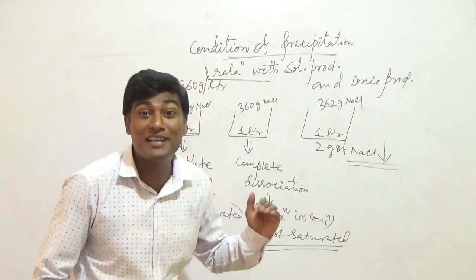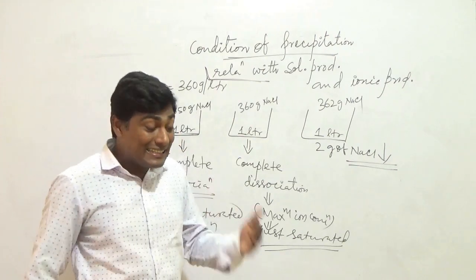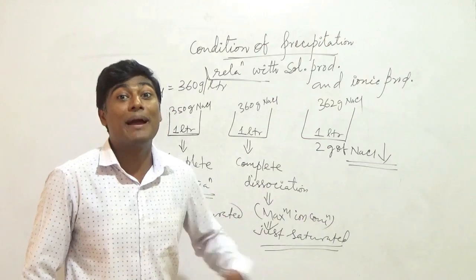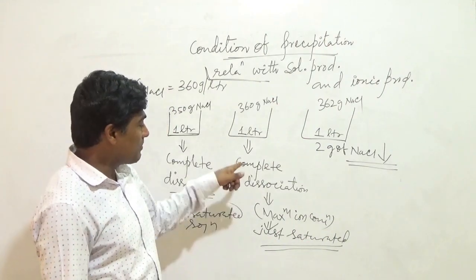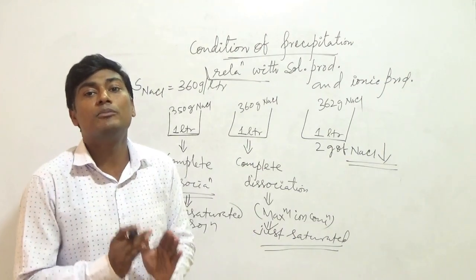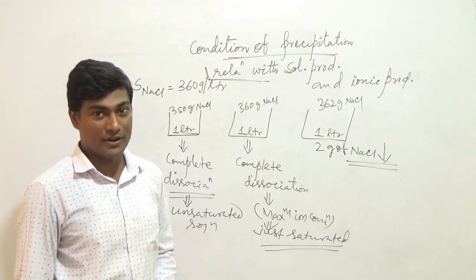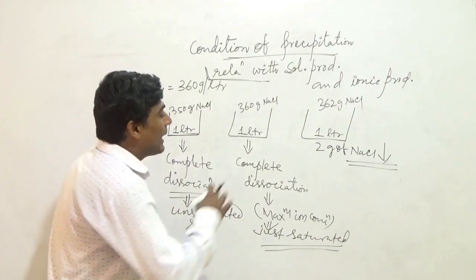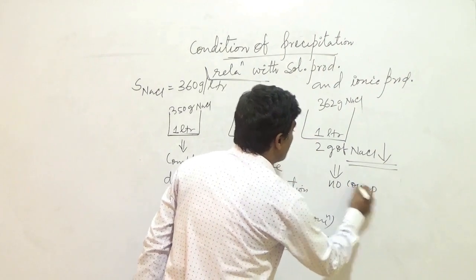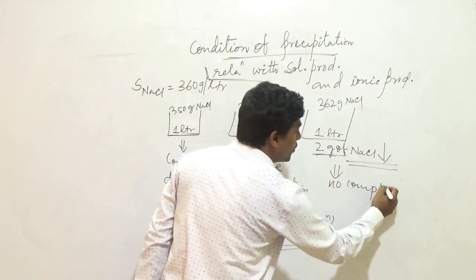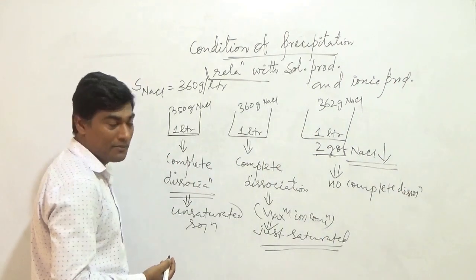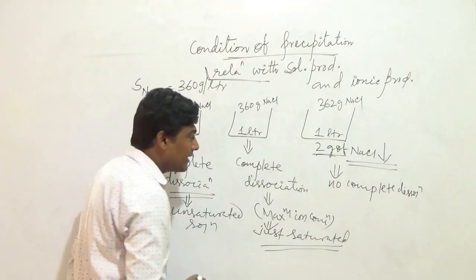Precipitation occurs when the ion concentration exceeds the maximum ion concentration. Here there is no complete dissociation because 2 gram is precipitated.